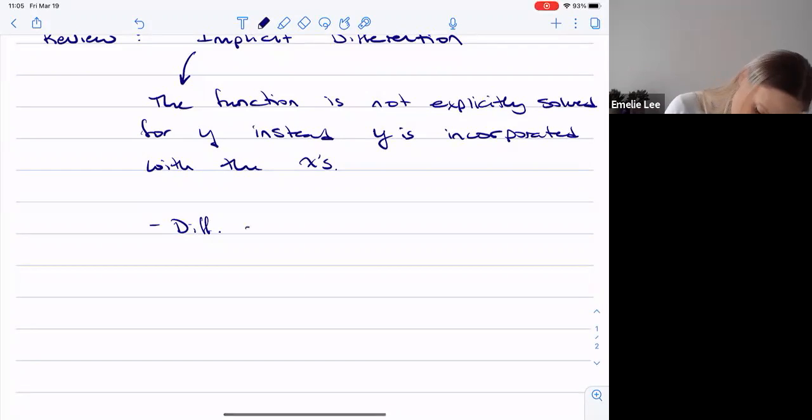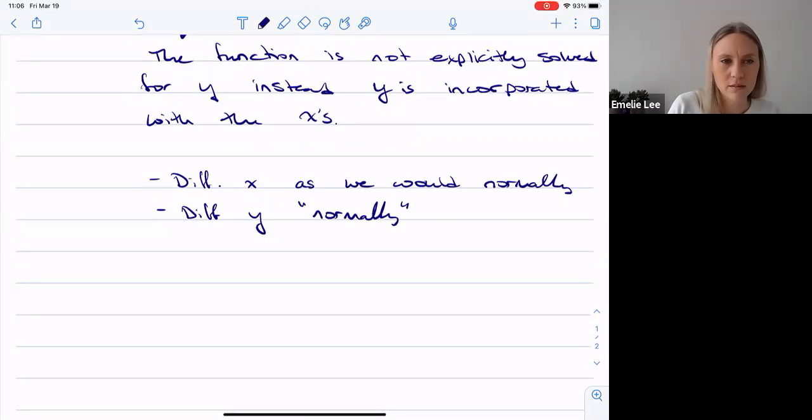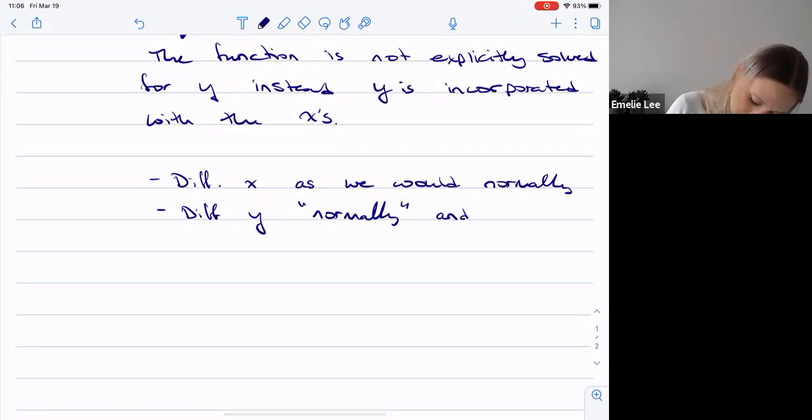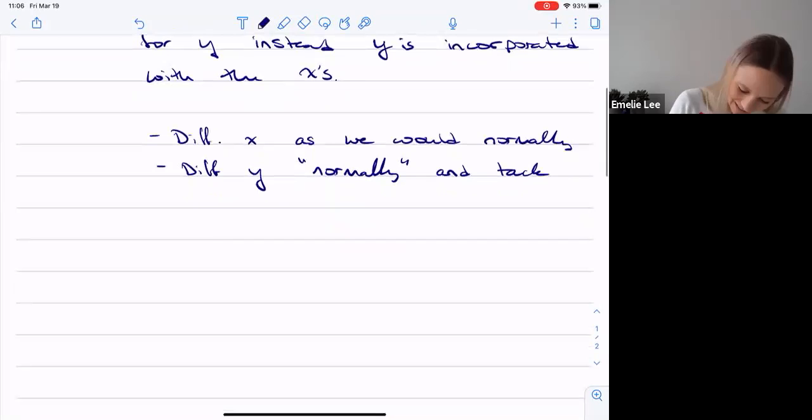So you differentiate x as we would normally, and then differentiate y, normally in quotes, and then multiply and tack on a y prime.